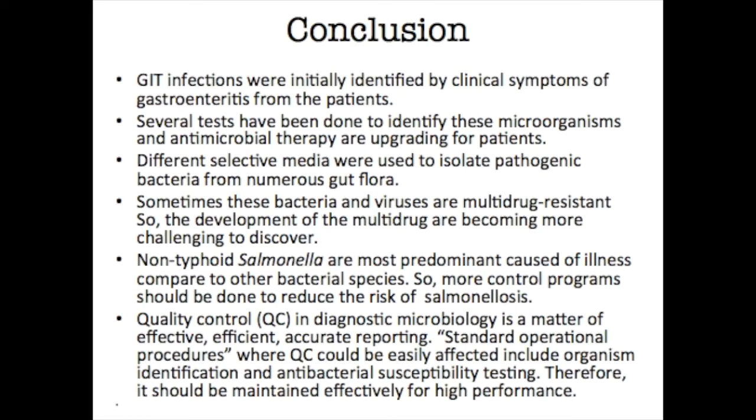Non-typhoidal Salmonella is the most predominant cause of illness compared to the other bacterial species, so more control programs should be put in place to reduce the risk of salmonellosis. Quality control is crucial for accurate identification of microorganisms. Therefore, it should be maintained effectively for high performance.